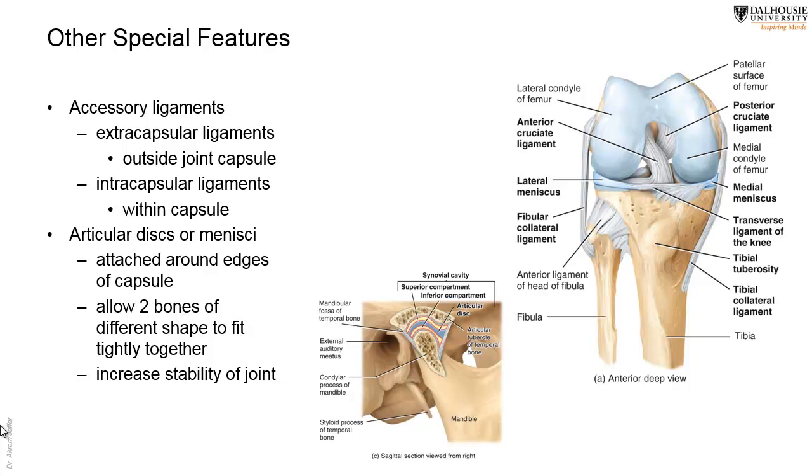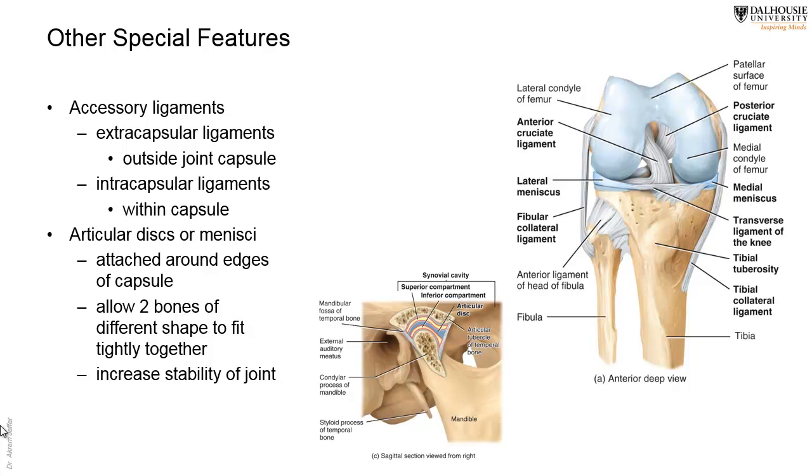This disc is present inside the capsule of the joint, and it's attached to the inside of the capsule. If the two bones are incongruent, if they don't fit each other, it allows the two bones of different shape to fit together tightly, and therefore it increases the stability of the joint. Another example of such intra-articular discs is present in the knee joint.